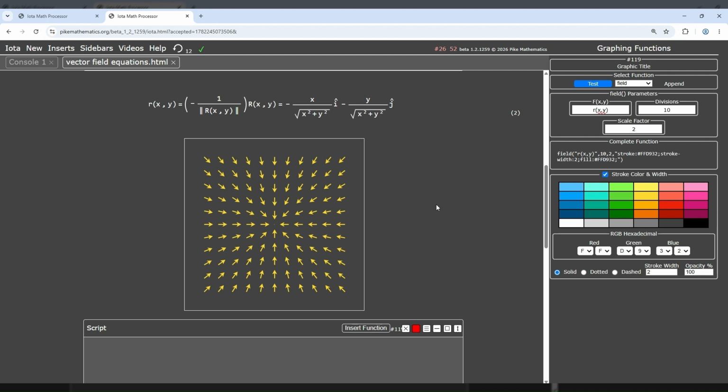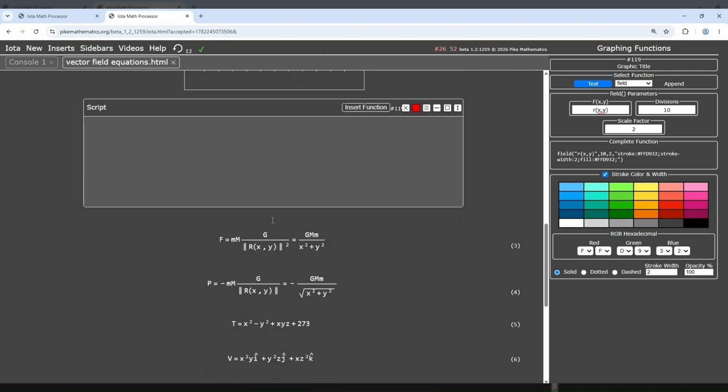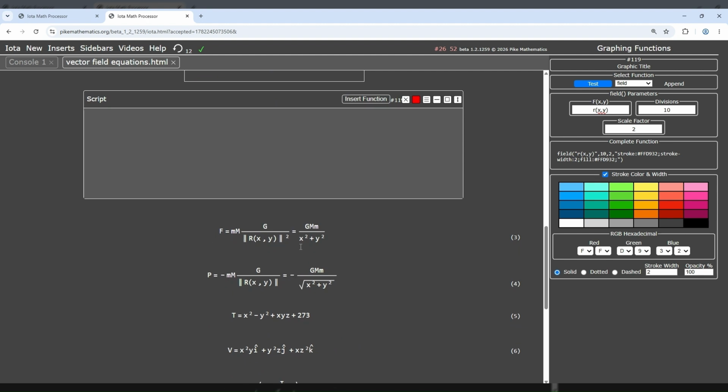So why did I create this vector field? I created it because I want to create a gravitational vector field created by an object at the origin, and I need these unit vectors to do that. But I also need to know what the magnitude of the gravitational force will be. Luckily, Newton has already figured that out for us.